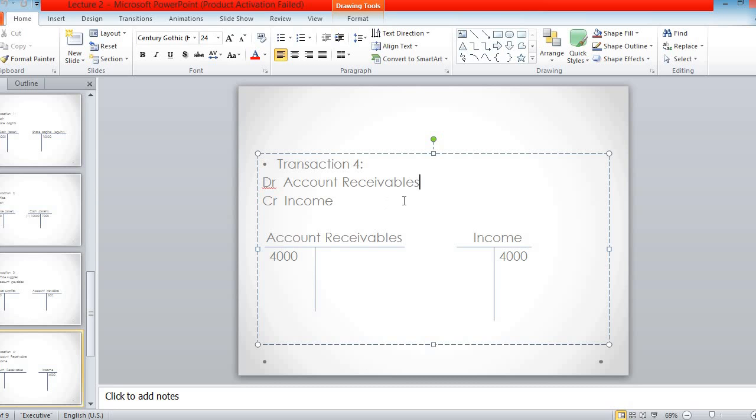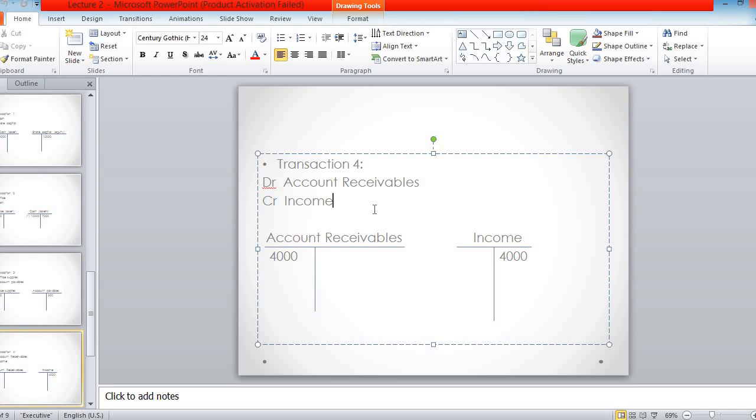But this is the rule of double entries, that we must have at least one debit entry and at least one credit entry according to each transaction. So if we have a debit entry, we should have a credit entry as well. So this is the rule of accrual accounting. So we recognize this as income.